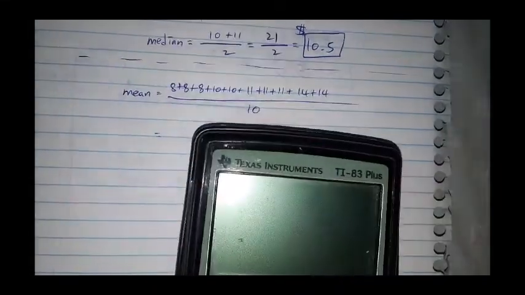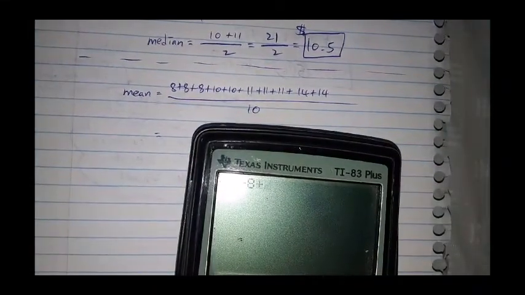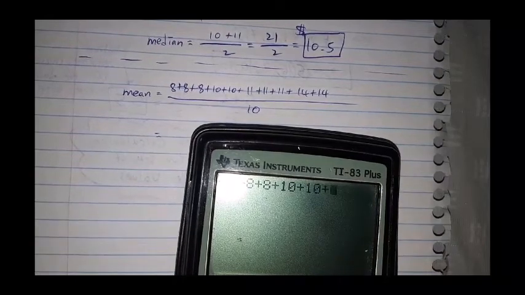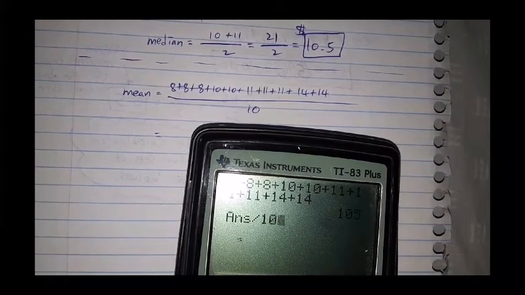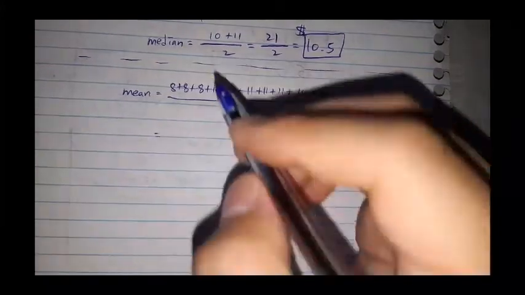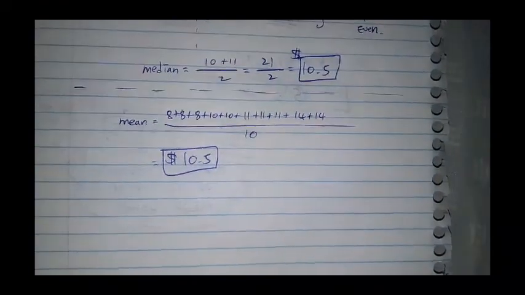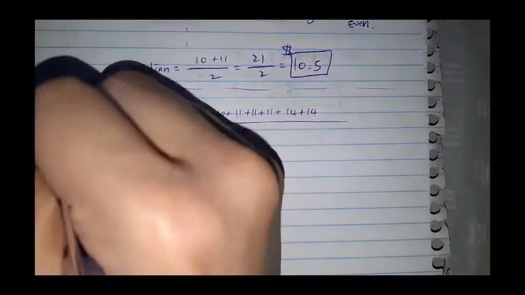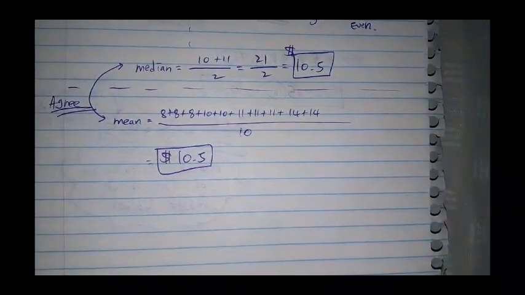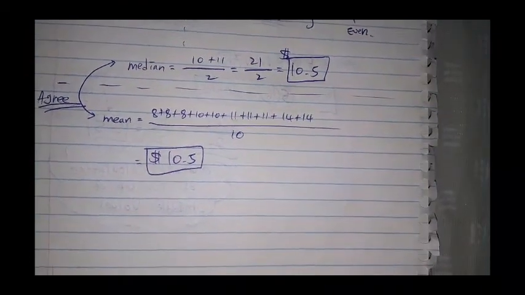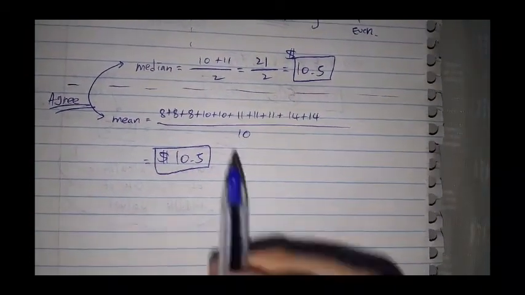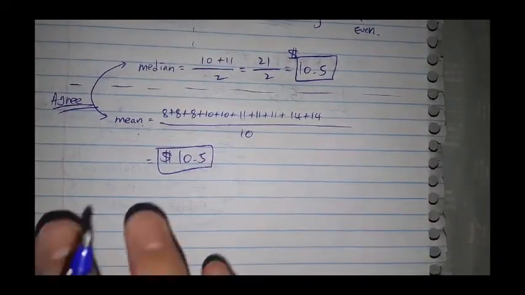Let's think about average. You have 10.5. What do you know? In this situation, both systems agree, we reached an agreement for the central tendency. The central value is $10.5. So whether you choose median or mean, it really doesn't make that much of a difference for this set of data.